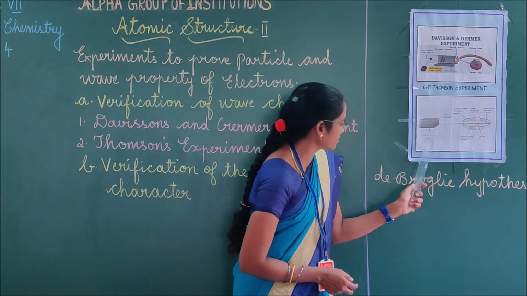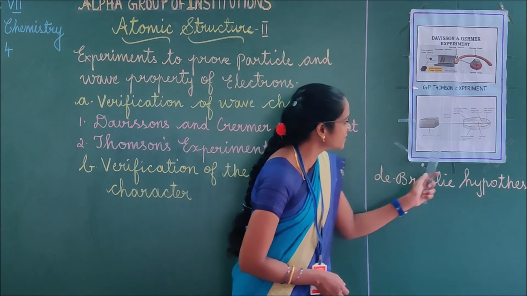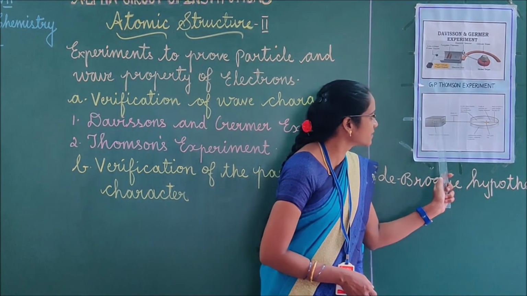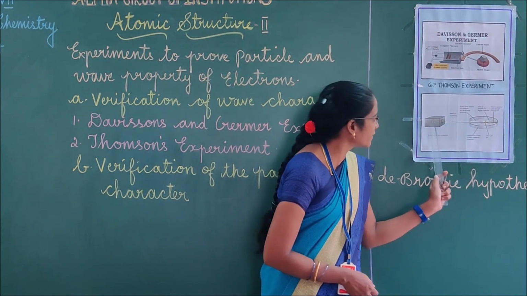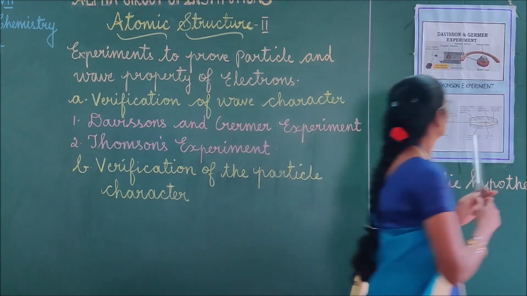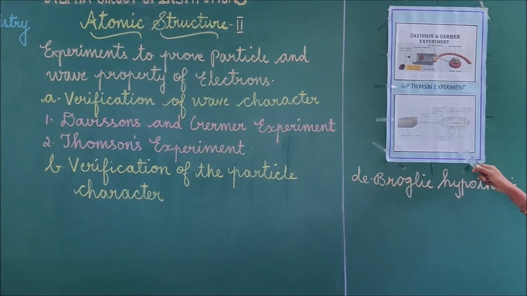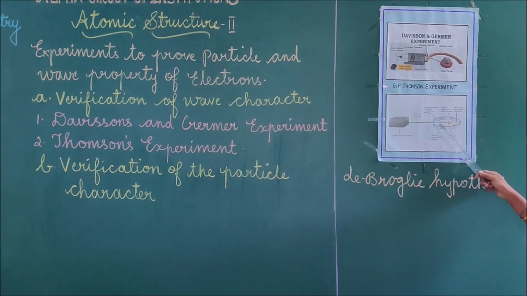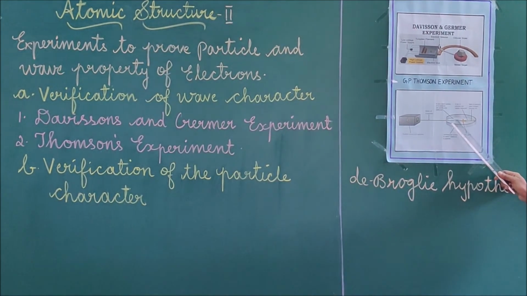This is the radiant source of alpha particles. This side, the beam of alpha particles is coming. Here, a very small number of alpha particles are significantly deflected. Deflected means diverted.